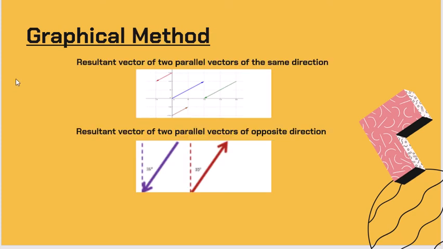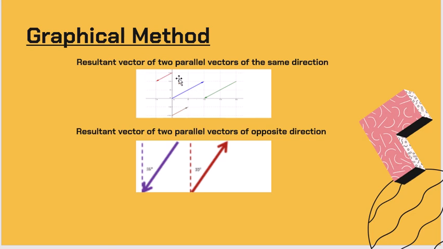So, the graphical method, resultant vector of two parallel vectors of the same direction. If you will notice, for example, this will be your vector 1 and this will be your vector 2. They may have different directions, but they are almost the same. So, this one is downward and one upward. If you choose this one, upward and downward, they can be opposite.